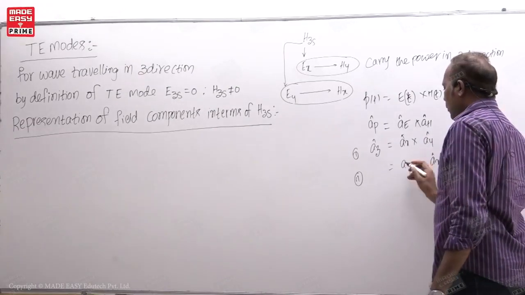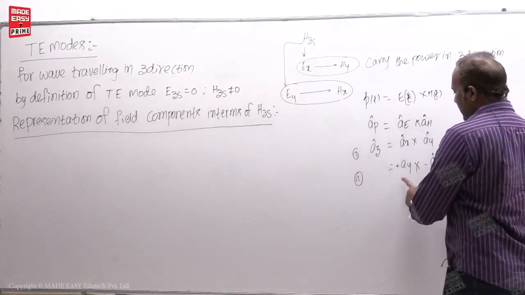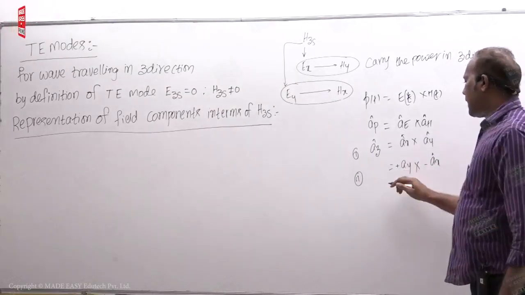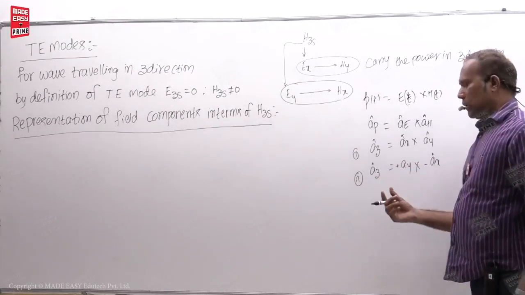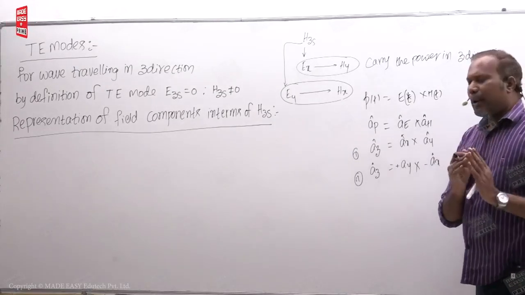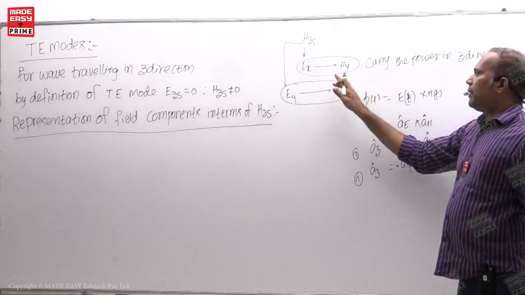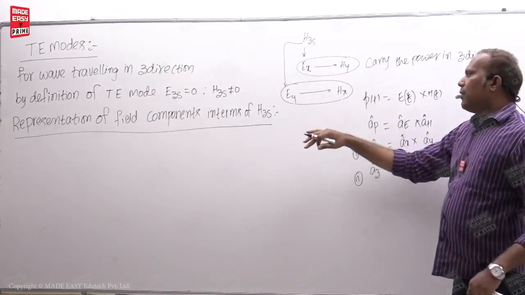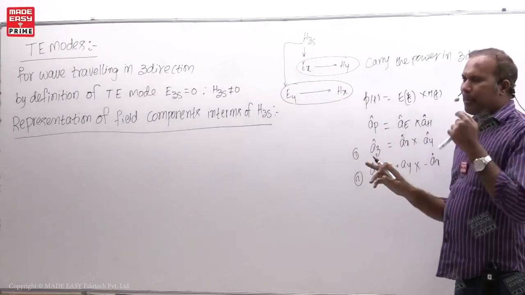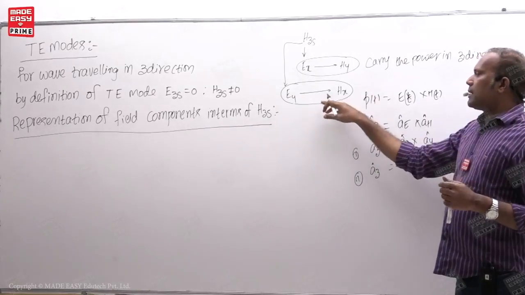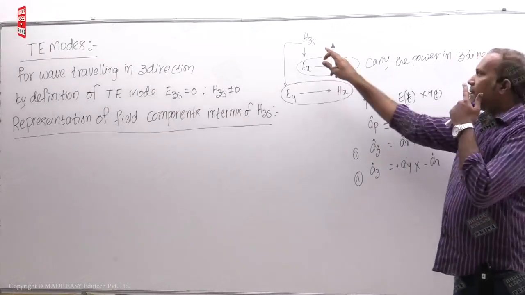I told you that one of them will have a plus or minus sign, maybe this minus, this plus. Then again power is carried in the z direction only, because minus of minus gives az only. That means power is carried by the x component of electric field and y component of magnetic field. That is one way. Or otherwise, the second way is the y component of electric field and x component of magnetic field. So this is the way power is carried in z direction, but Hz cannot carry the power in z direction.